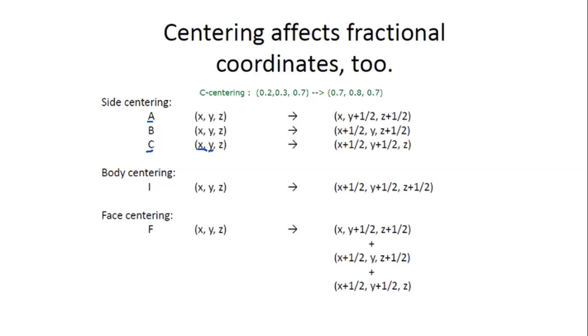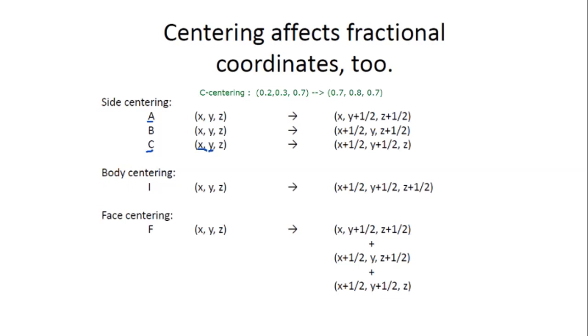Now with body centering, we just add a half to every coordinate. And again, body centering would have two sets of symmetry elements for each lattice point. So one lattice point is at the origin, the other lattice point is at a half. For face centering, here we're just doing side centering, but we're doing it for all the sides.